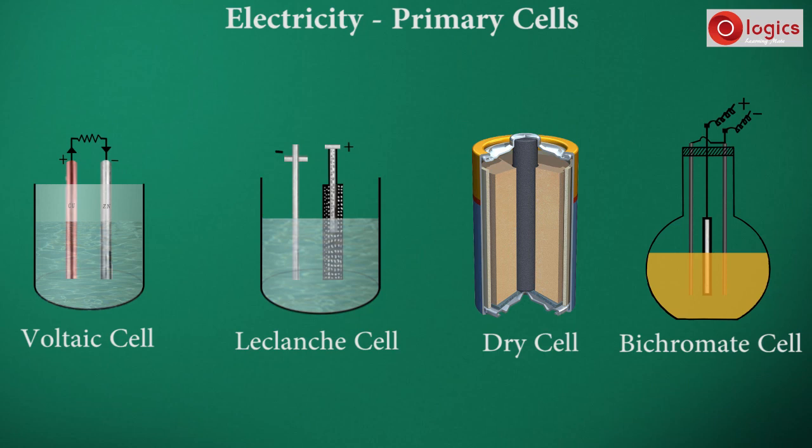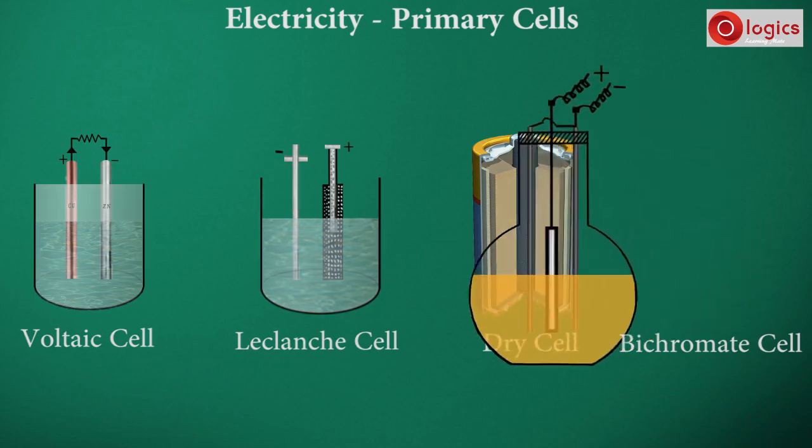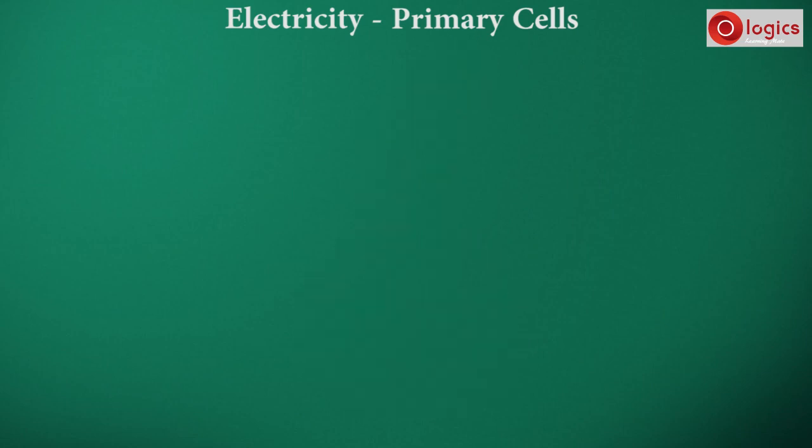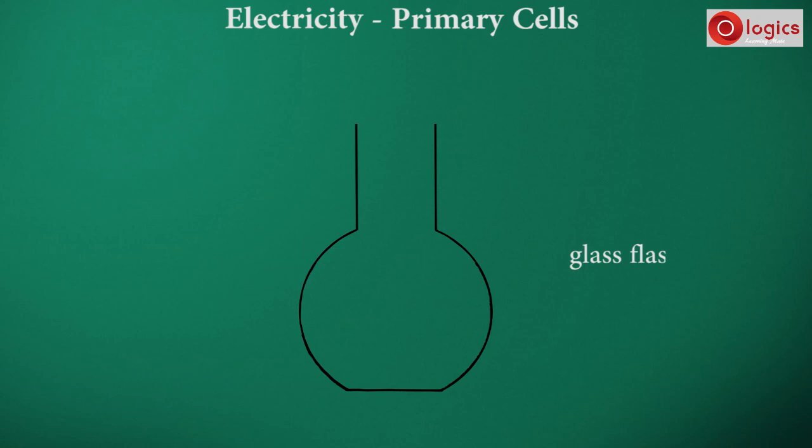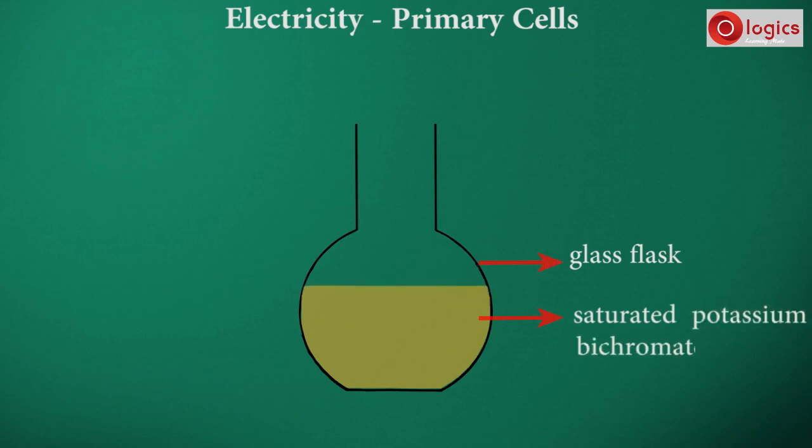Let us understand the construction of the bichromate cell. This is the flat-bottomed glass flask. Fill the flask half with a saturated solution of potassium bichromate, acidified with sulfuric acid.